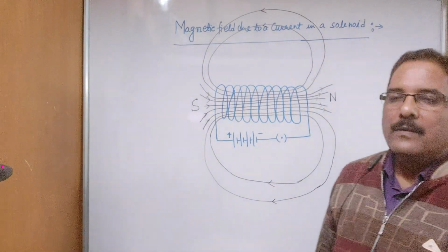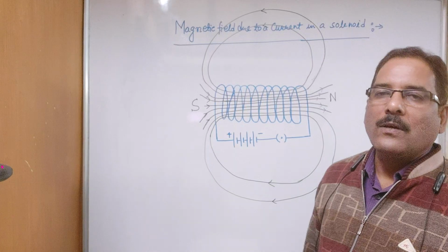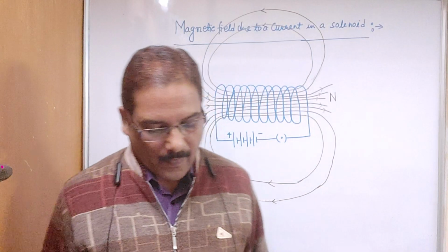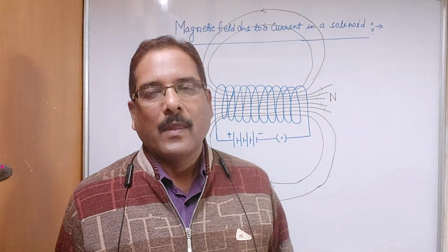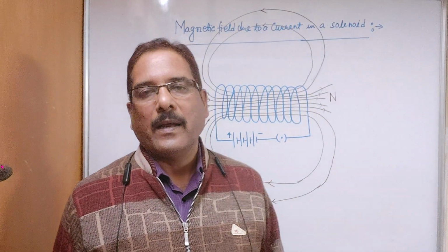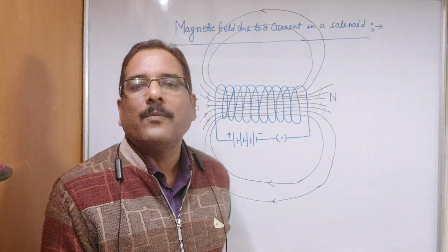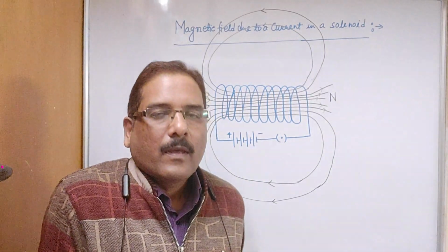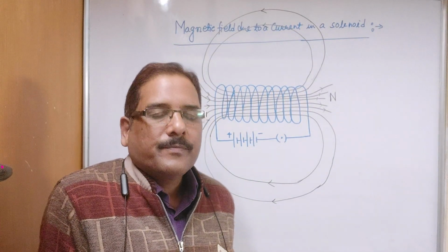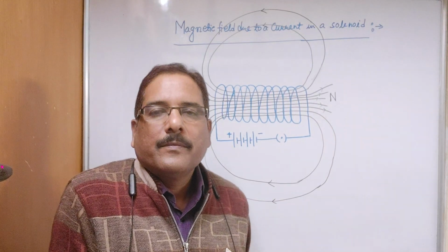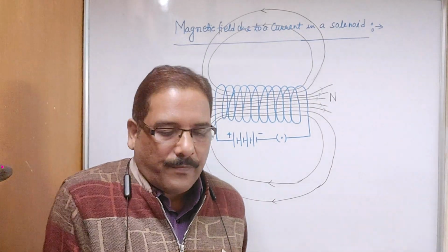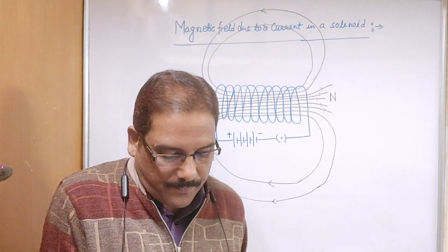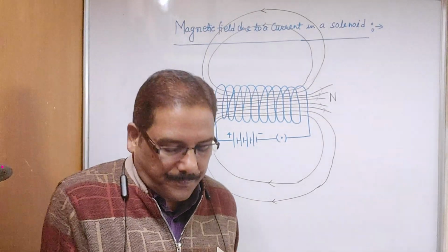Next sentence you write, the field lines inside a solenoid are in the form of parallel straight lines. This indicates that the magnetic field is uniform inside a solenoid.